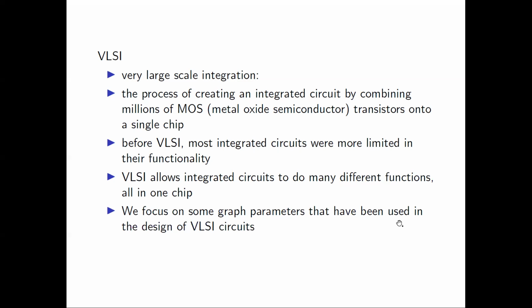The first graph parameter that we're going to look at, which we will focus on in this video, is the crossing number of a graph. And before we define the crossing number explicitly, we're going to motivate the definition in terms of VLSI circuit design.